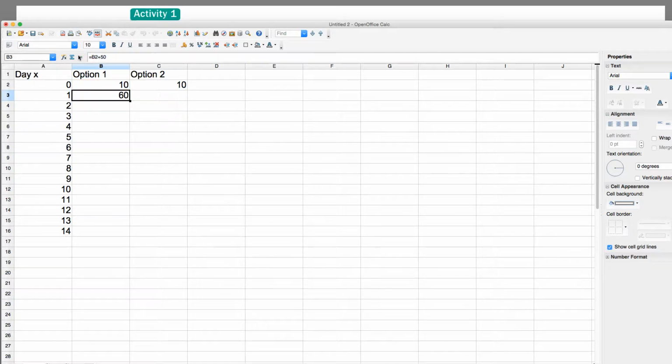For option 2, again, I hit equals. I can now do my calculation. I'm going to have what's in cell C2. I'm going to multiply that, and with an equals sign I can begin to do a calculation. In this case I'm going to take what's in the previous cell, C2, and multiply it times 1.5.